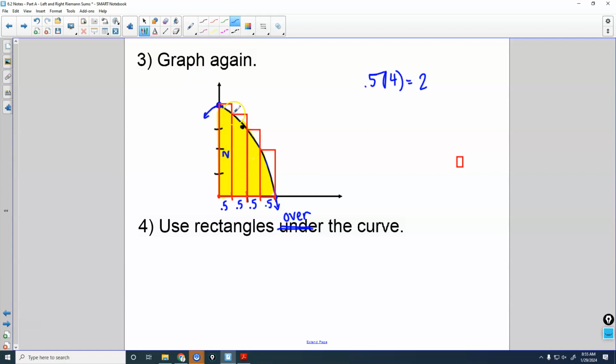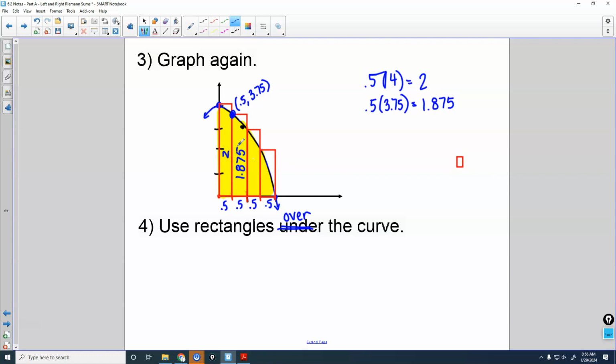It is 3.75, because this is that same point that we used on the first rectangle there, right? If we plug in 0.5, we will get 3.75. This is the point. 0.5, 3.75 are the coordinates of this point right here. So we're going to have 0.5 times 3.75. And that is going to give us that 1.875 that we got earlier. So that's the area of this.